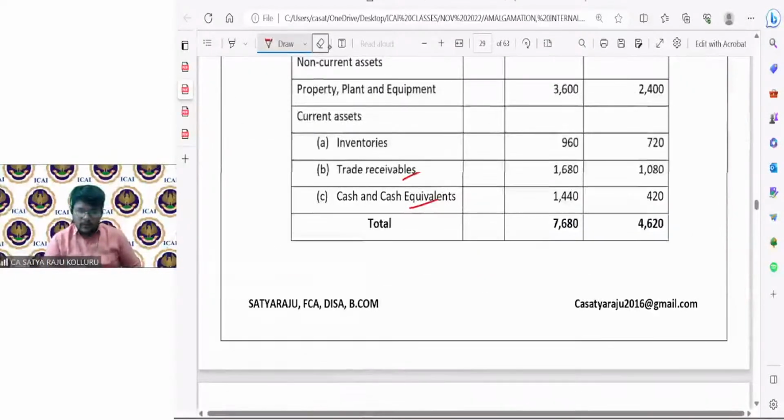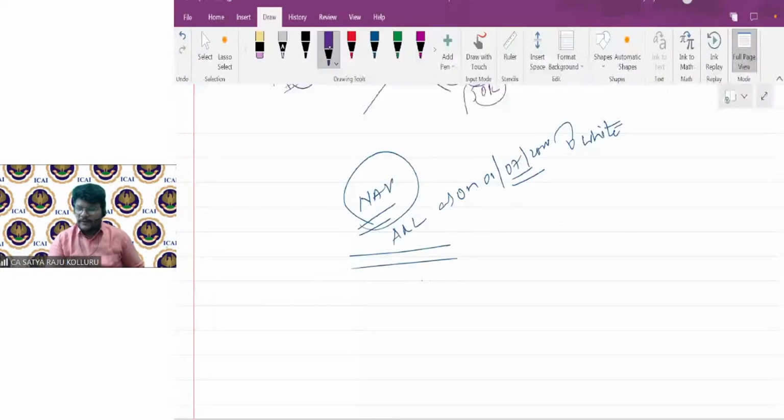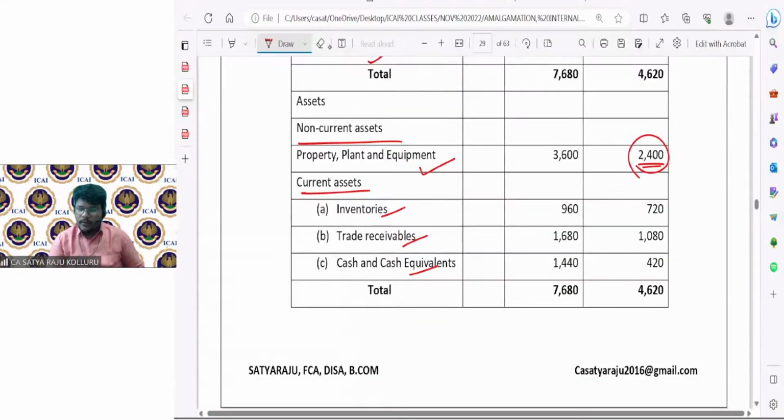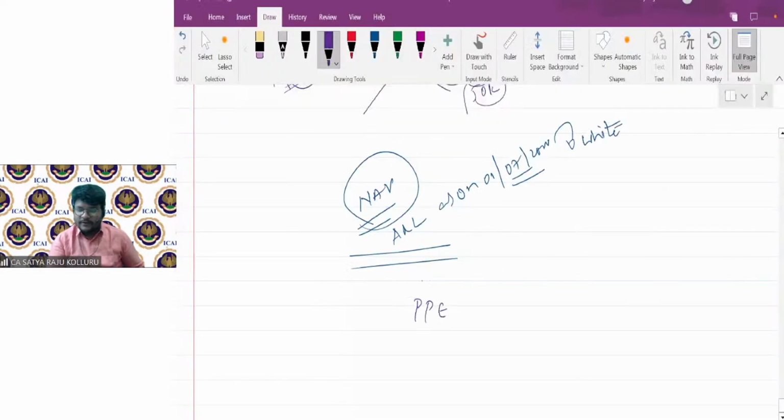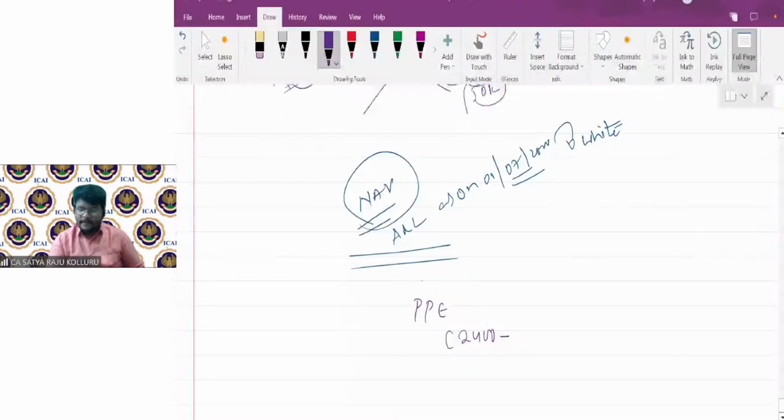Now, if you check property, plant and equipment, which is the first asset, it is clearly given that the PPE value is 2,400, but 3 months depreciation is there. 2,400 minus depreciation for 3 months, how much? 60.